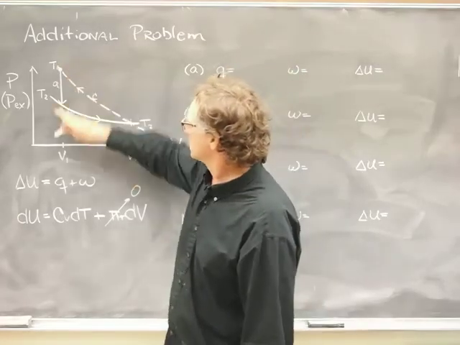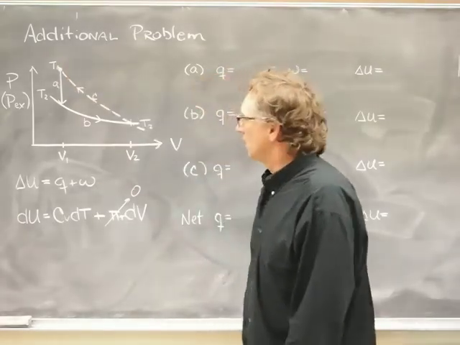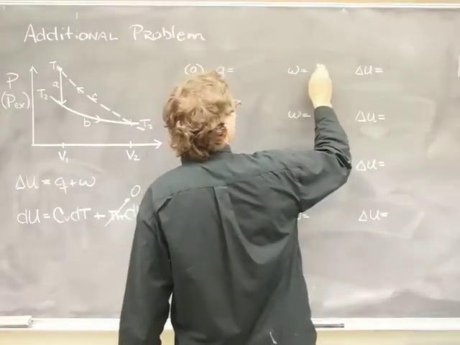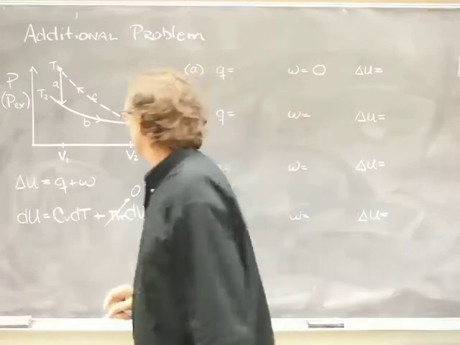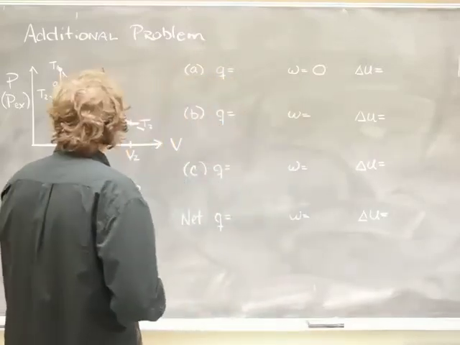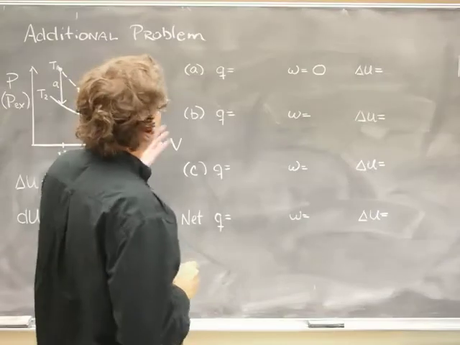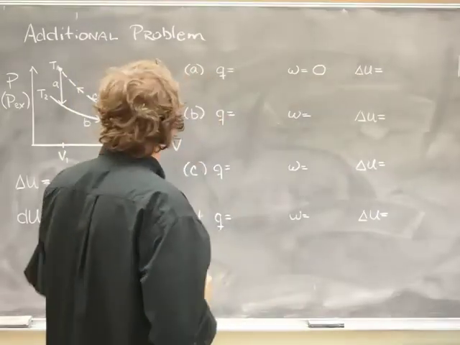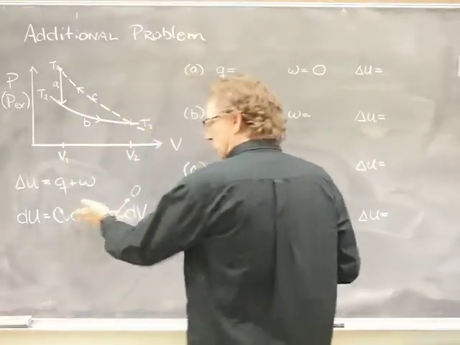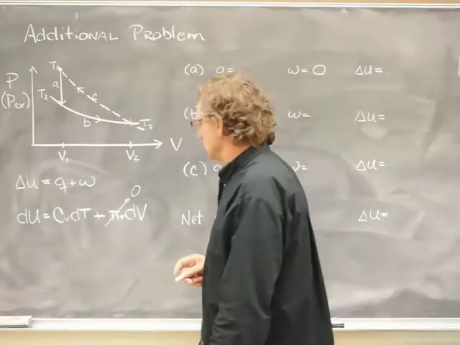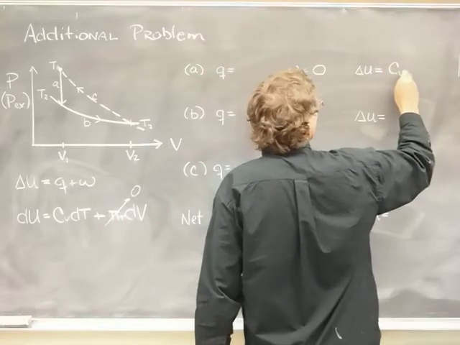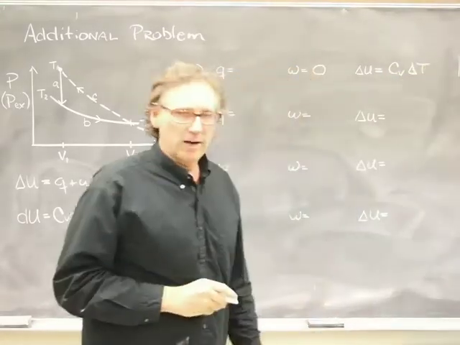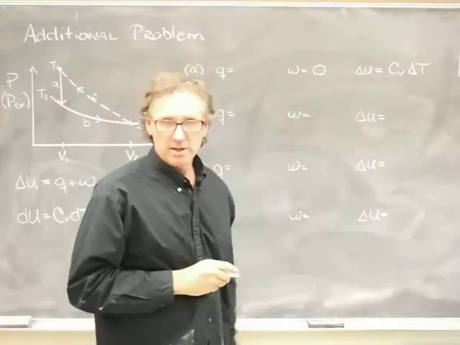For the first step, this isochoric cooling, I know that since it's isochoric, there's no change in the volume, so that means the work is 0. I can write down what delta U is, because delta U is proportional to the change in the temperature, so that would be CV delta T. Now, in order to say that, we've had to say that the heat capacity is constant.